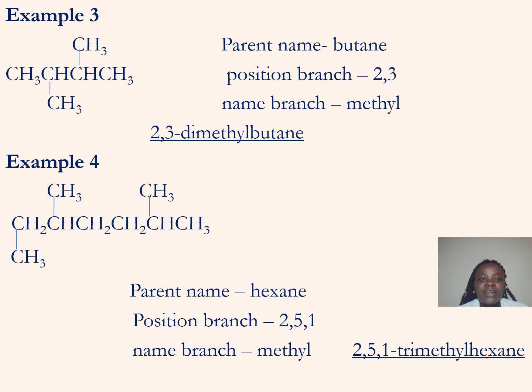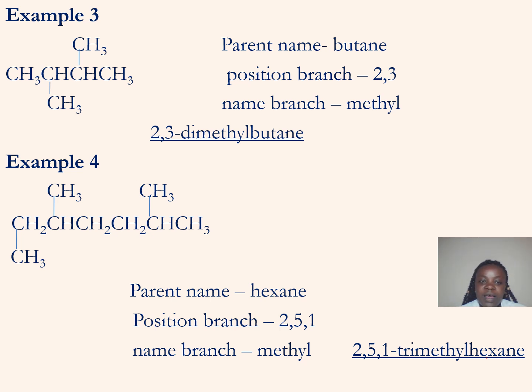So let us look at example 3. From our isomer, we first have to identify the longest carbon chain so that we can get the parent name. The longest carbon chain has 4 carbon atoms. So we have 1, 2, 3, 4. Even if we decide to move with this carbon atom, we can count 1, 2, 3, 4.